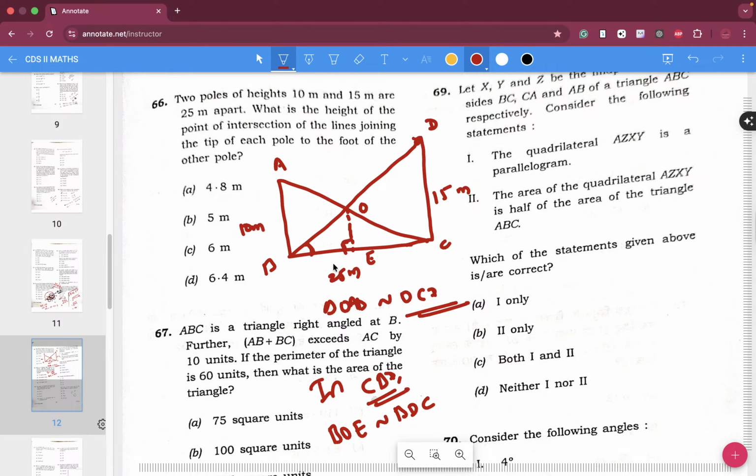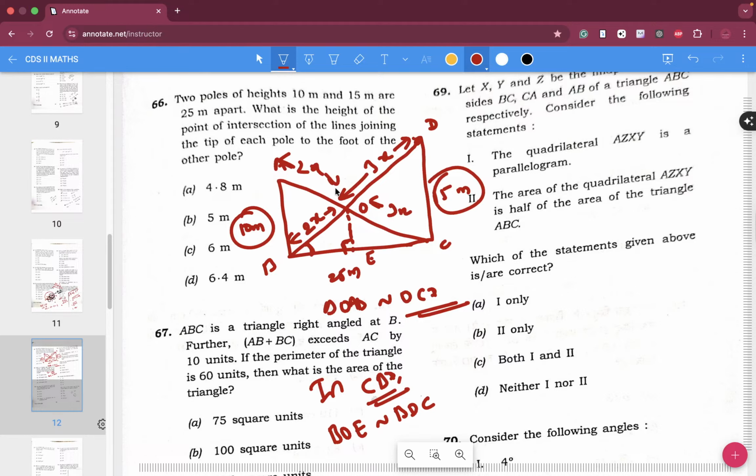Because two of the angles are the same. Now, if this is 10 and this is 15, BO is in the ratio of 2x and over here 3x, so this is in the ratio of 2 is to 3. Similarly, from this side also, this is in the ratio of 3x is to 2x.